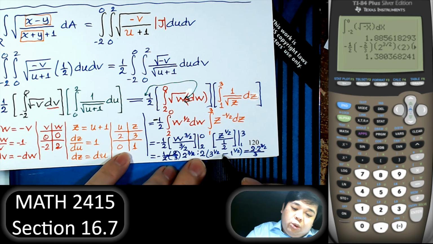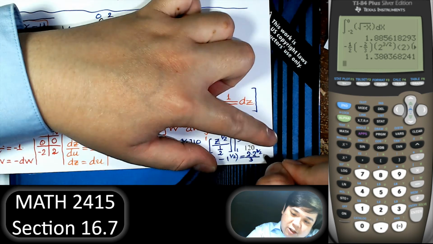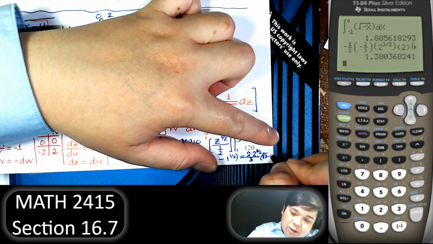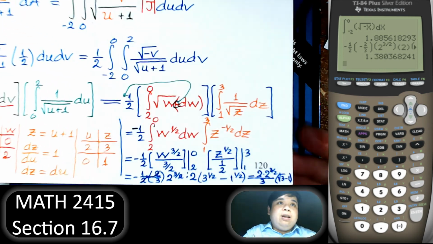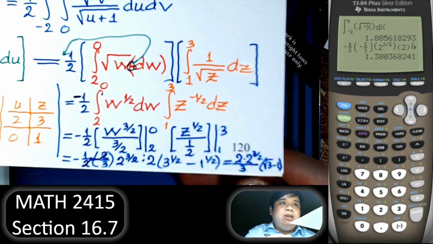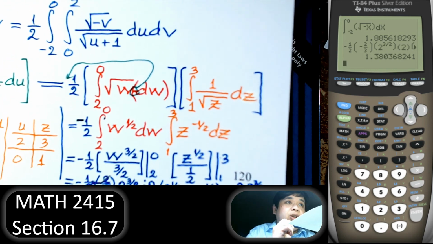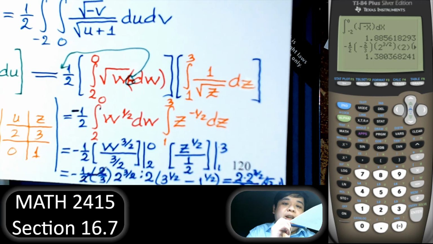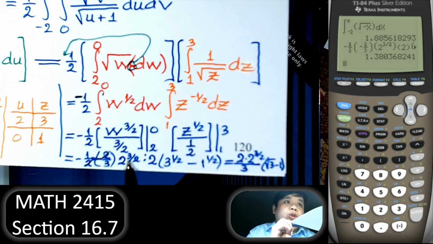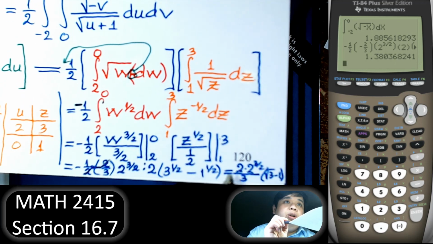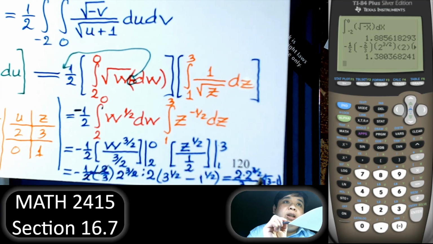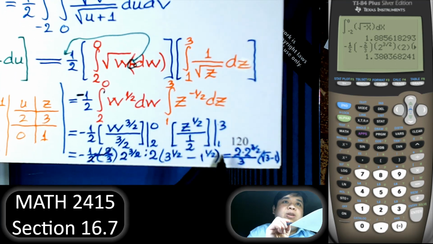And then square root of 3 minus 1. So that's what we have. Right. So negative 2 and negative 2 cancel out. There's a 3 at the bottom. 2 to the 3/2 times 2, and square root of 3 minus 1. So that is our answer.